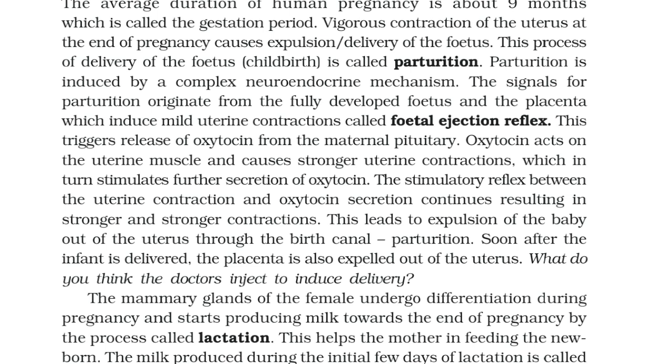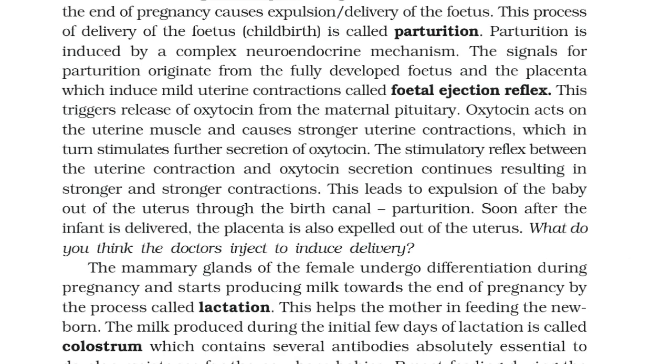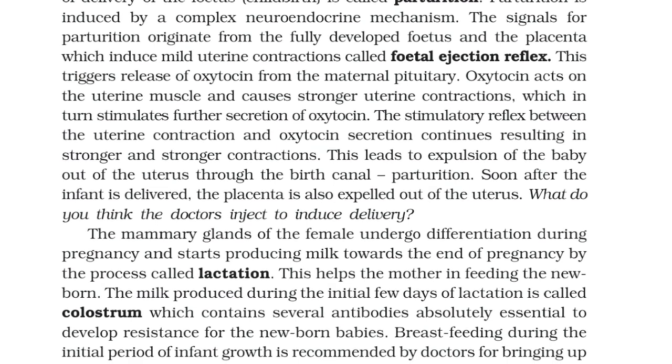This process of delivery of the fetus, childbirth, is called parturition. Parturition is induced by a complex neuroendocrine mechanism. The signals for parturition originate from the fully developed fetus and the placenta.